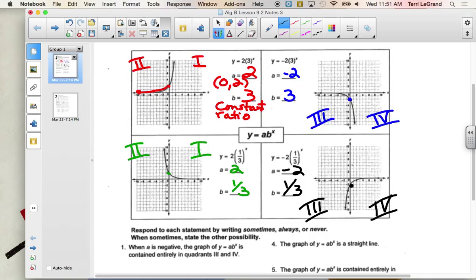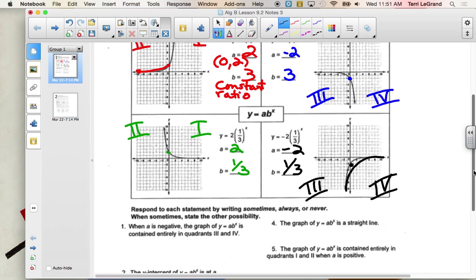It'll never touch it, never get there. So now this one is doing what from left to right? Rising. It's rising from left to right, but not going up into those other quadrants, down in quadrants 3 and 4.